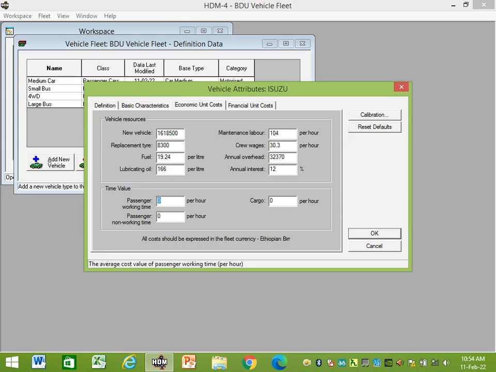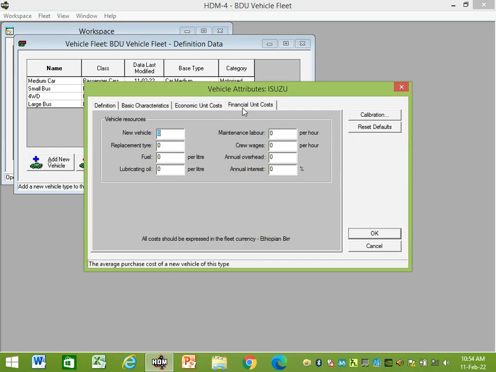Okay. The financial cost: 1,950,000. Tire 10,000. Fuel, the financial, 23.18.